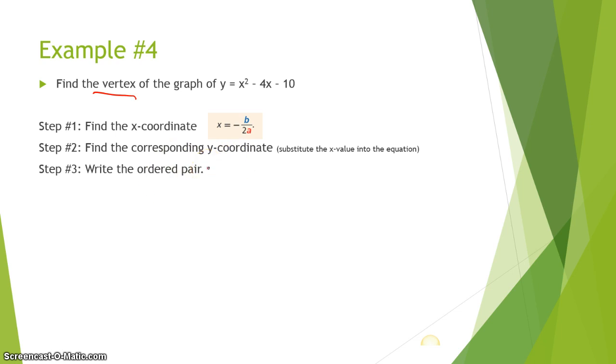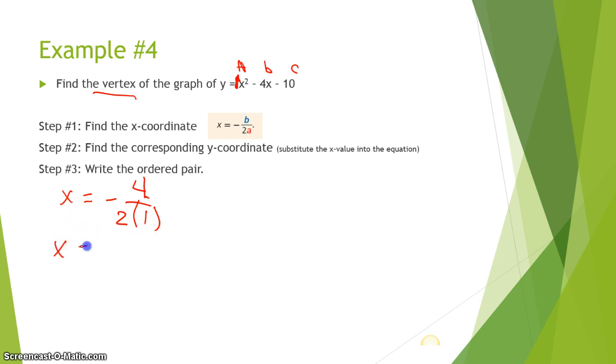So let's set this up with this equation. We have x equals negative. Here we have a, b, and c. No value in front of x squared, so we think of that as 1. So we have negative b, and my value for b is 4, over 2 times my a, which is 1 here.